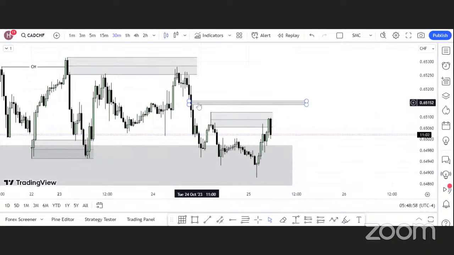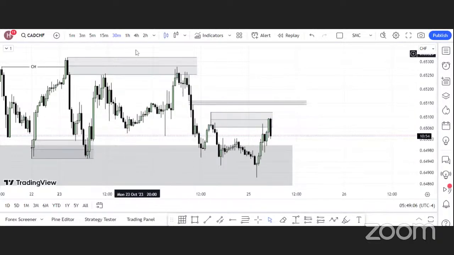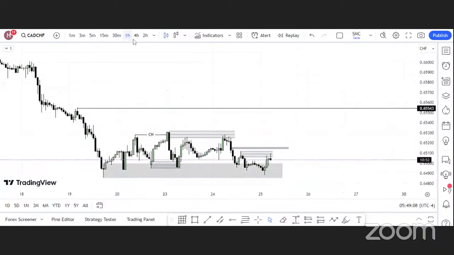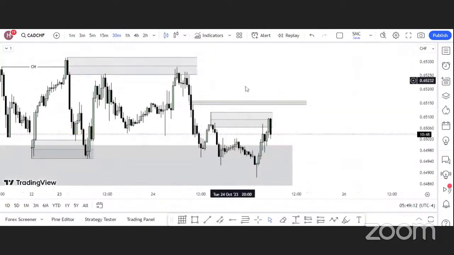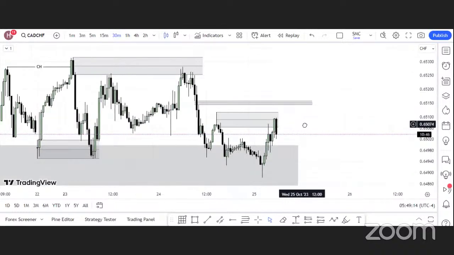But we still have this gap here, which I strongly believe the market would come back to take out. So it's going to use all of these areas as an inducement area, inducing everybody, every seller.